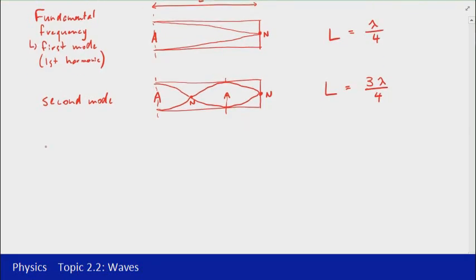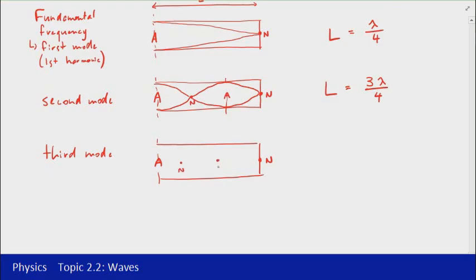If we go to the third mode, we'll see an extra node-antinode pair in the middle again. So still with an antinode at the open end and a node at the fixed end. This one gets a bit tricky trying to get the spacing right.